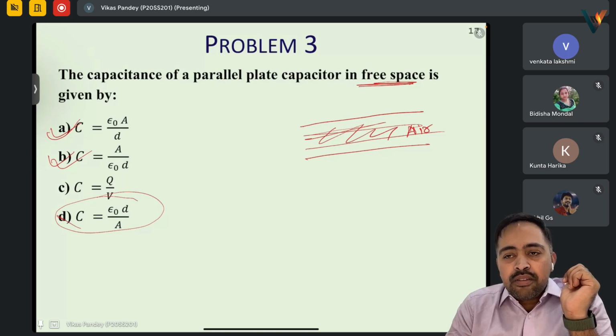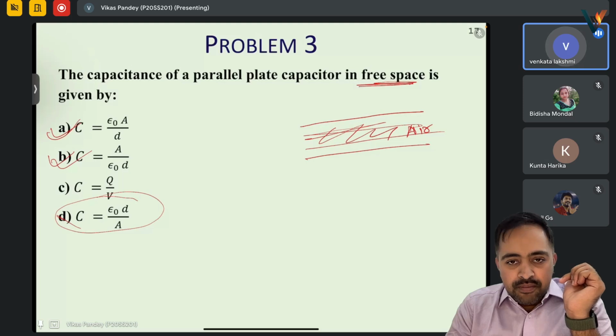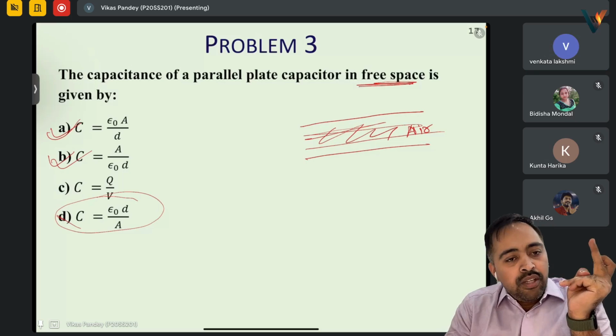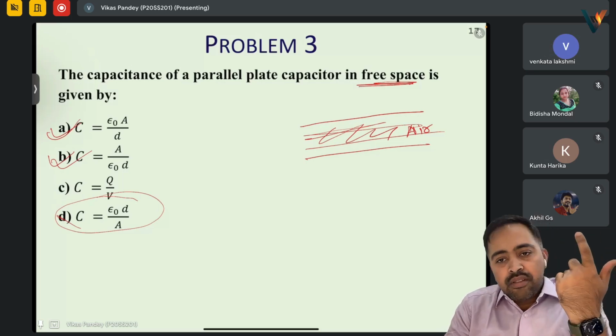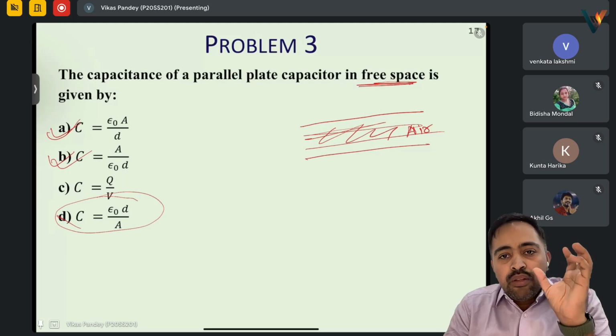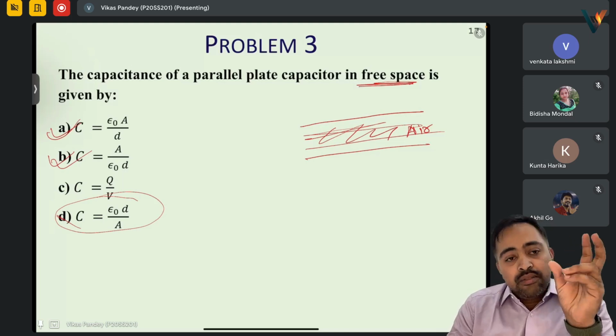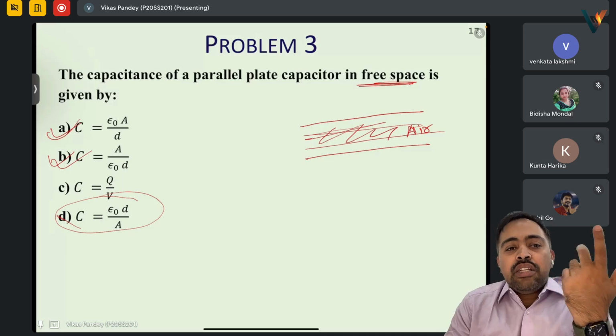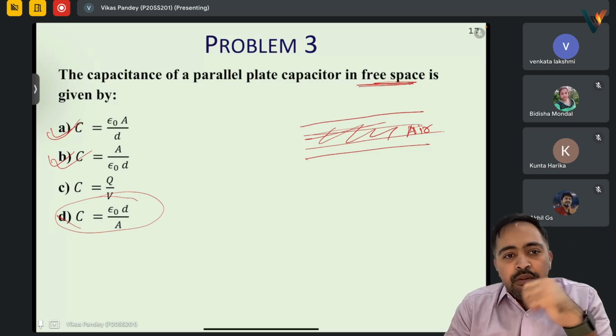In free space, the relative permittivity epsilon r is 1, sir. So even if it is one, why is epsilon naught in the numerator and not in the denominator? Yes, anyone?